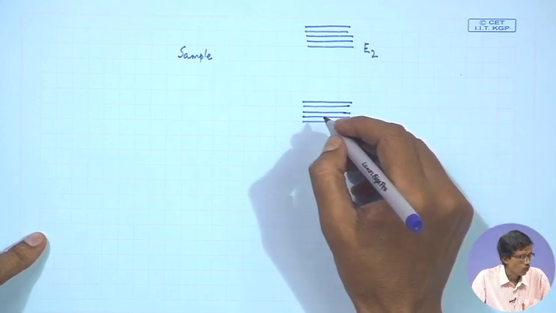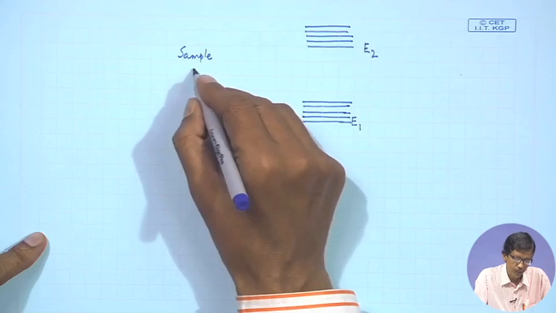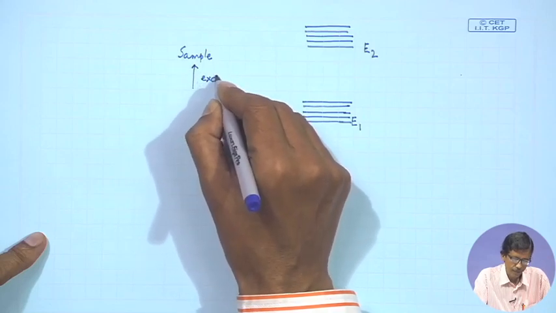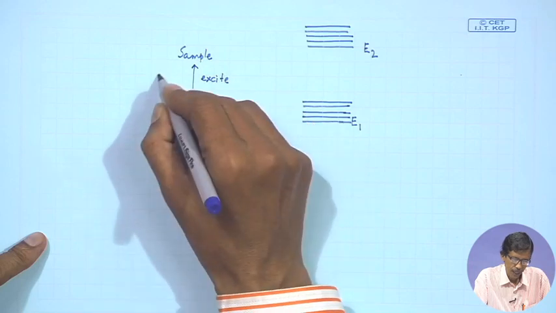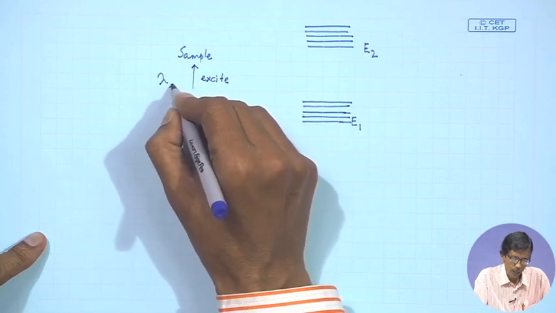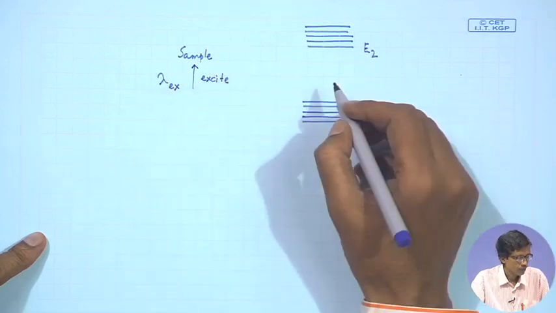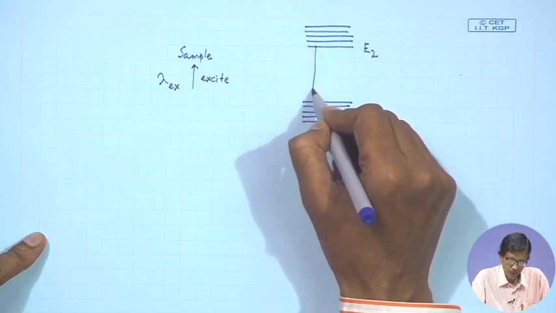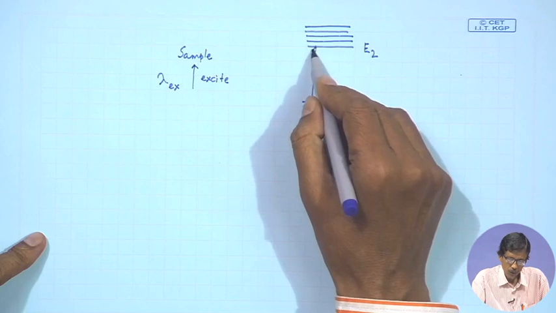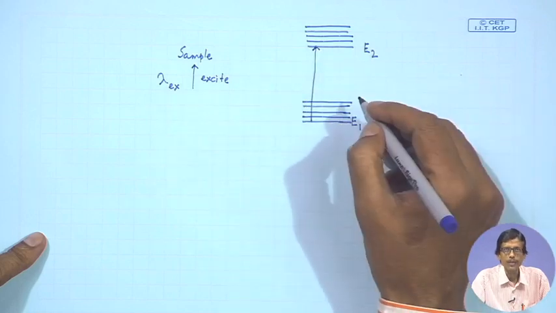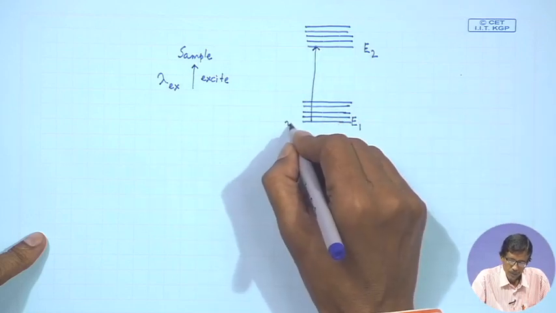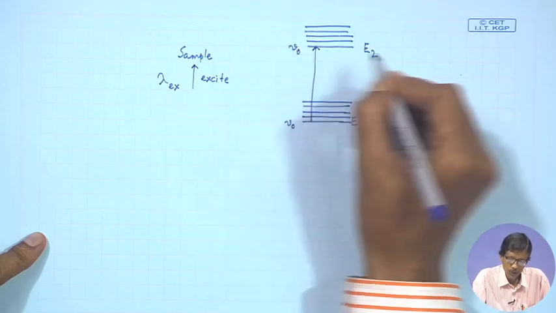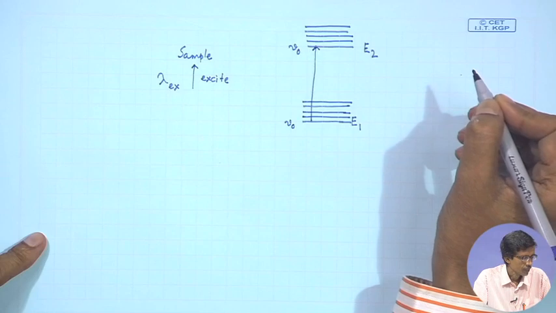So, when we go for this particular excitation, we simply excite the sample, and we should know the lambda excitation, which is utilized for transferring the species from V0 of the E1 level to V0 of the E2 level.